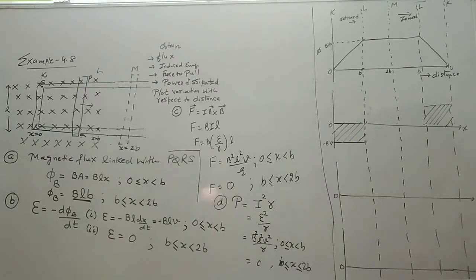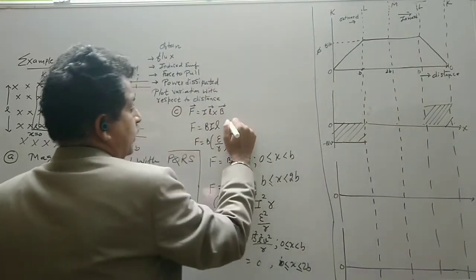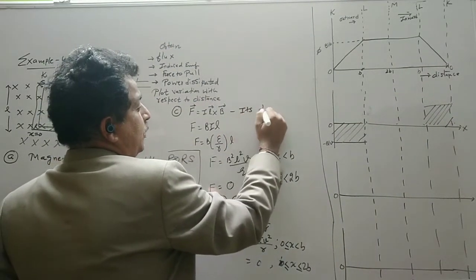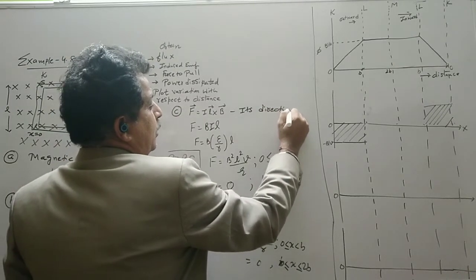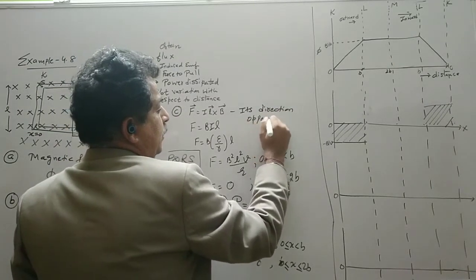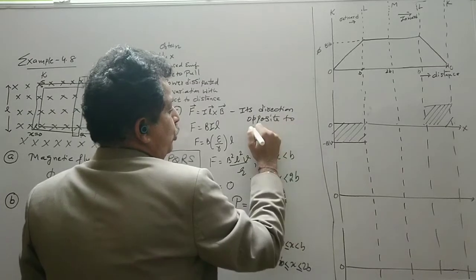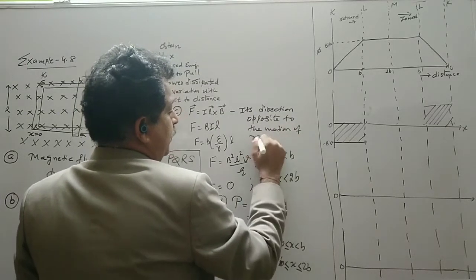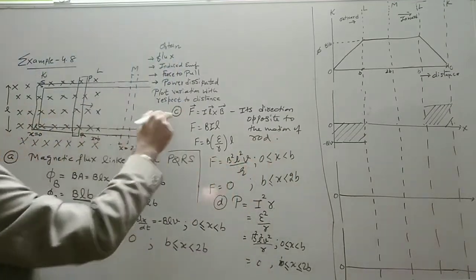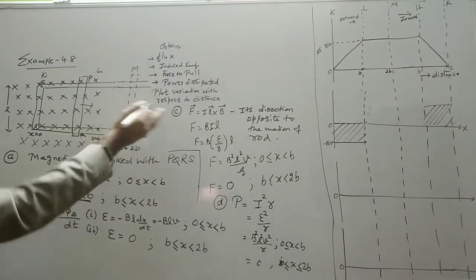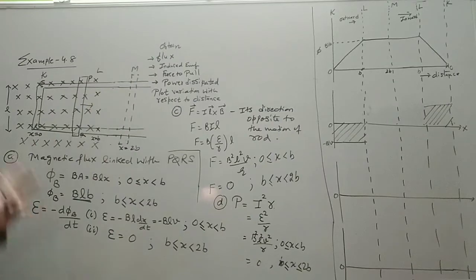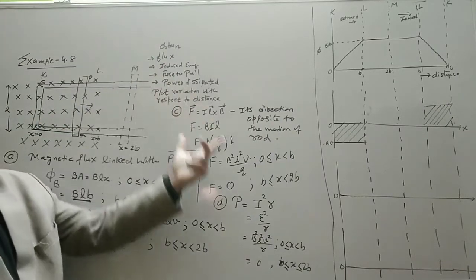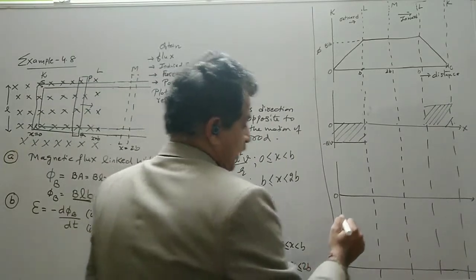It is the Lenz's force, but its direction is opposite to the motion of the rod. So if I pull the rod along the x-axis, this force is in the negative x direction. I have to plot the graph of the applied force, so it should be negative.